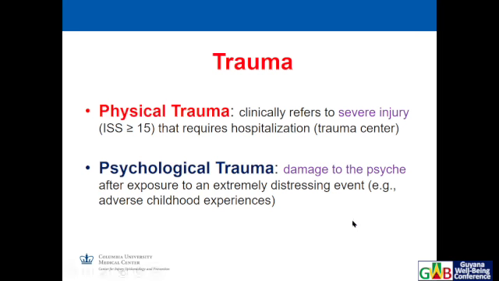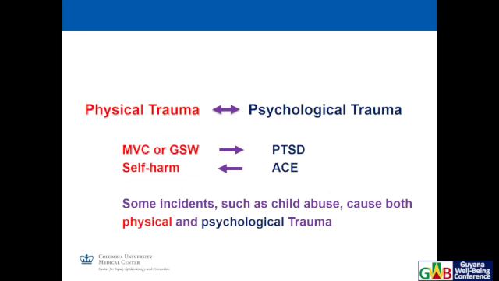So trauma in hospitals or in medicine usually refers to physical trauma, but in the broad society, the term trauma usually refers to psychological trauma. But the two forms of trauma, I would say, are interrelated. Physical trauma could cause psychological trauma. In return, psychological trauma could also contribute to physical trauma.